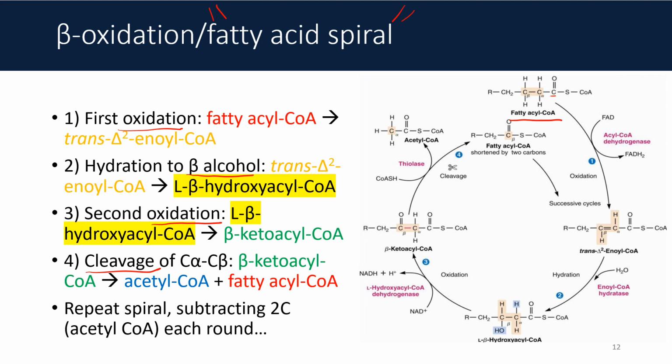This over here is the acyl carbon. That is the alpha carbon, which is 1 carbon away from it. And next to that is the beta carbon, 2 carbons away from that. And our goal throughout this entire process, this spiral, is going to be systematically oxidizing this position.